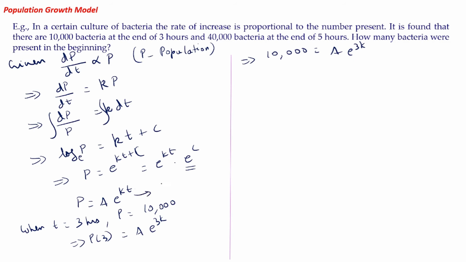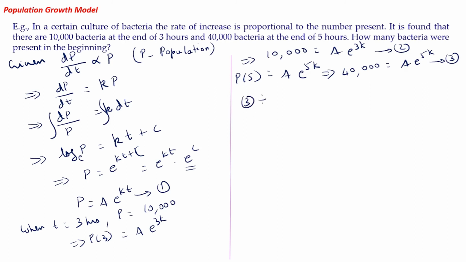Let us mark this as equation 1. Then at the end of 5 hours there were 40,000 bacteria, which means P of 5 equals A into e raised to 5K, so 40,000 equals A into e raised to 5K. Marking this as equation 2.